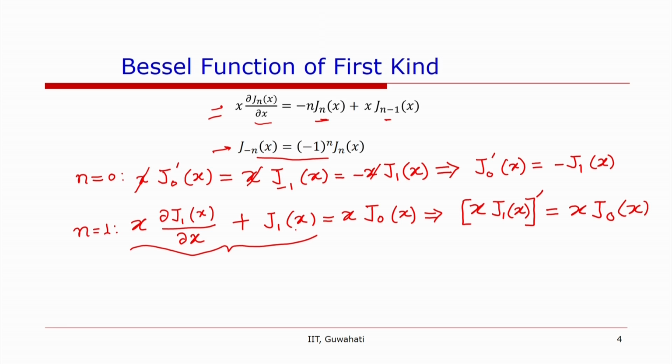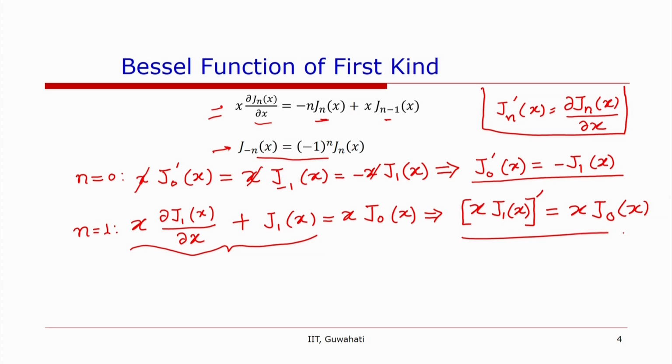So we might want to say explicitly here that J dash x means del J n x over del x. Okay, so we have obtained two important relationships which we might require to use further.